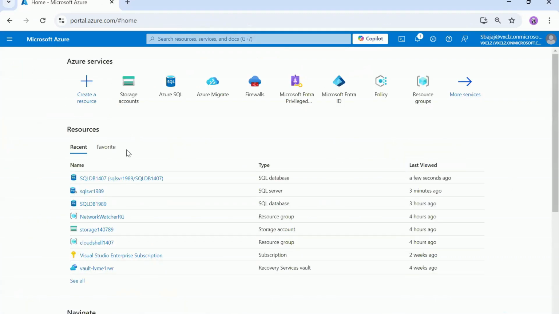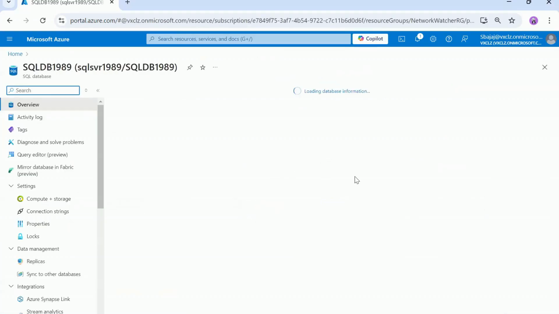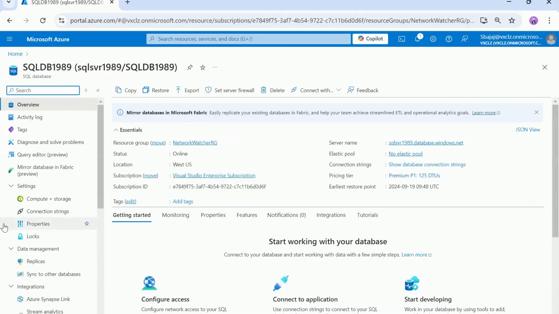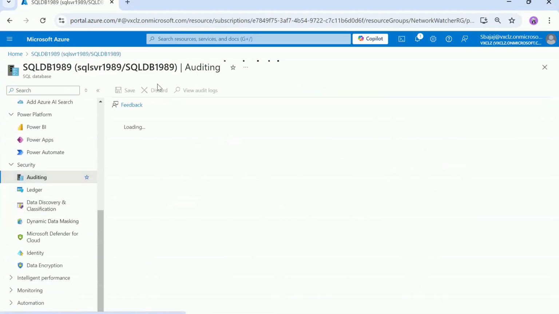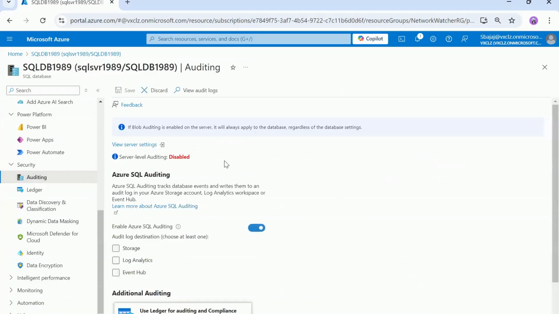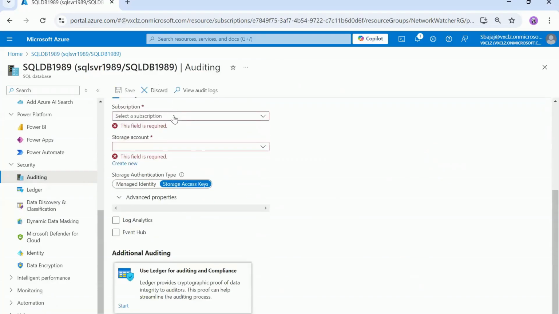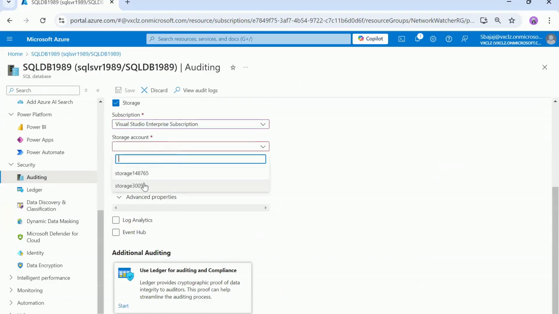Now let's go back to the other database, SQL DB 1989, which is a premium tier. Let's try to enable auditing for this and see how many storage accounts are showing up. I'll go through the same options, and I can see both the storage accounts are showing up here. What this tells us is pricing tier doesn't really matter in this case.